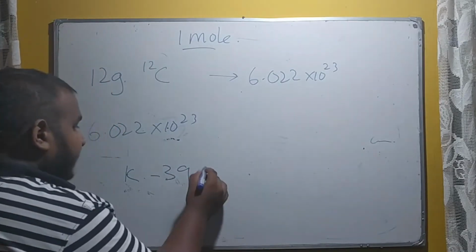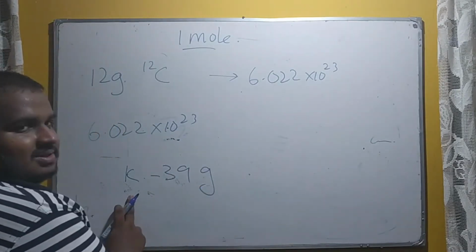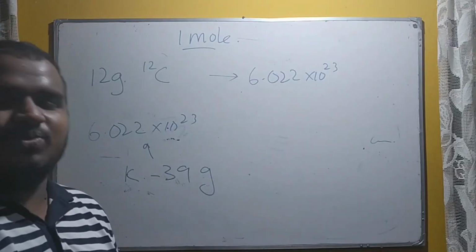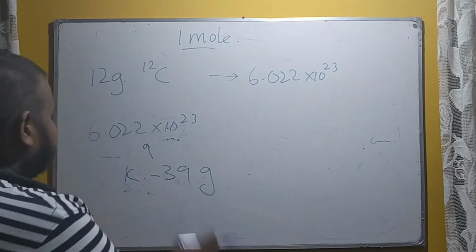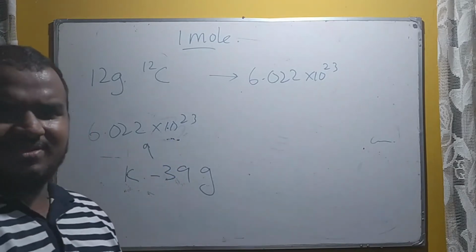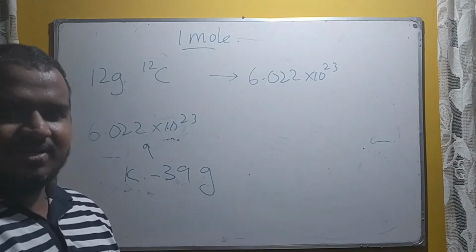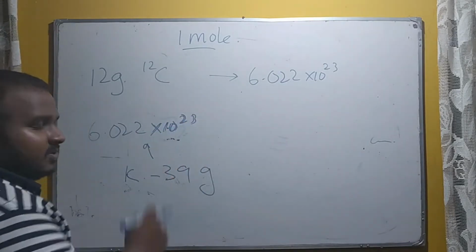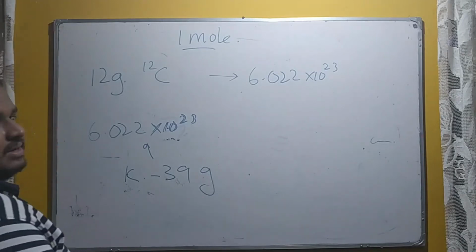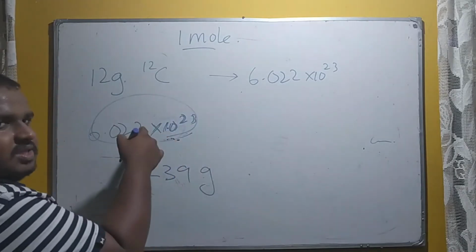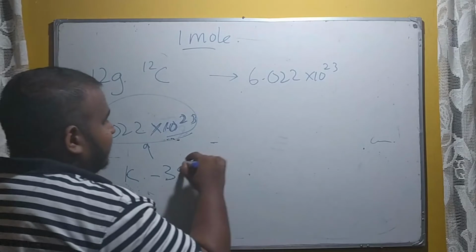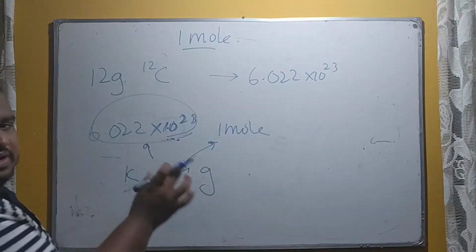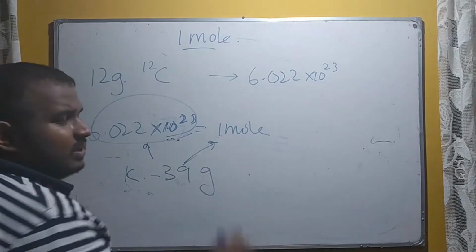If you take 39 grams of potassium, there will be 6.022 into 10 to the power of 23 potassium atoms. Instead of this value, we give another name: it consists of 1 mole. Because 6.022 into 10 to the power of 23, we give the other name, 1 mole.